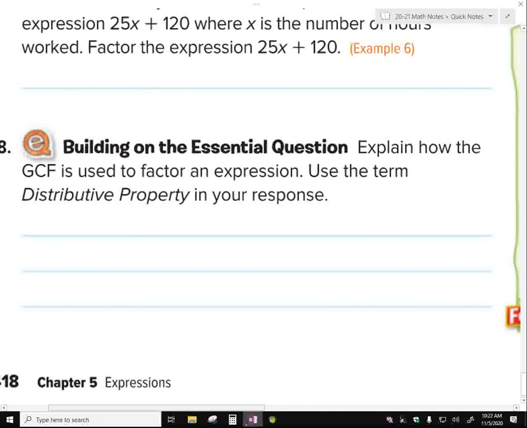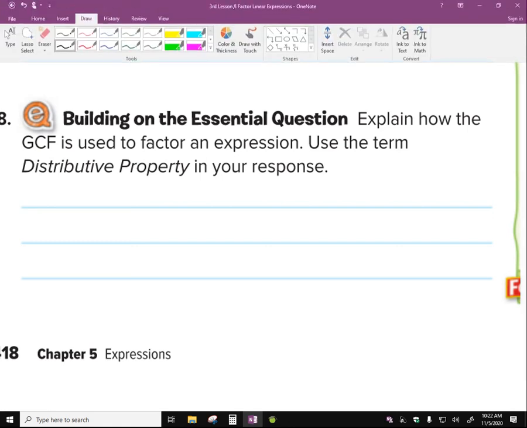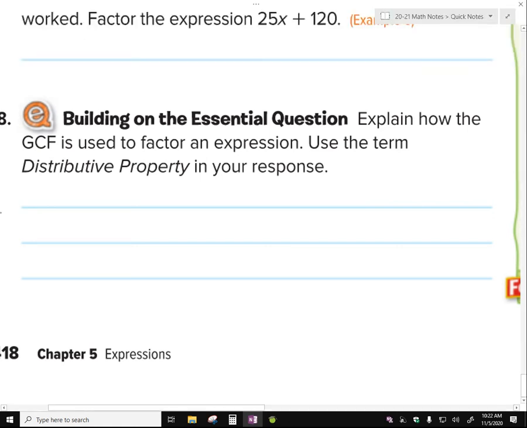All right, the last thing we're going to do: explain how the greatest common factor is used to factor an expression. Use the term distributive property in your response. So, it works backwards.